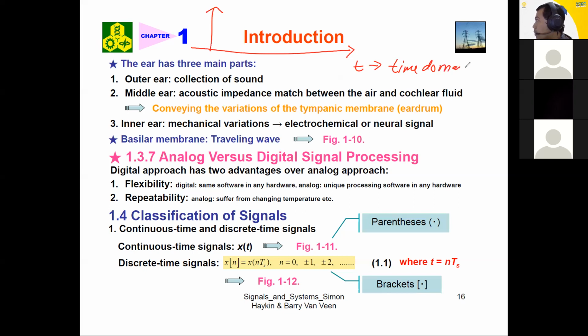A signal in the time domain is like when we record our voice. When you record the signal, there is a graph that continues. There is no breaking point. This line or this graph is continuous.